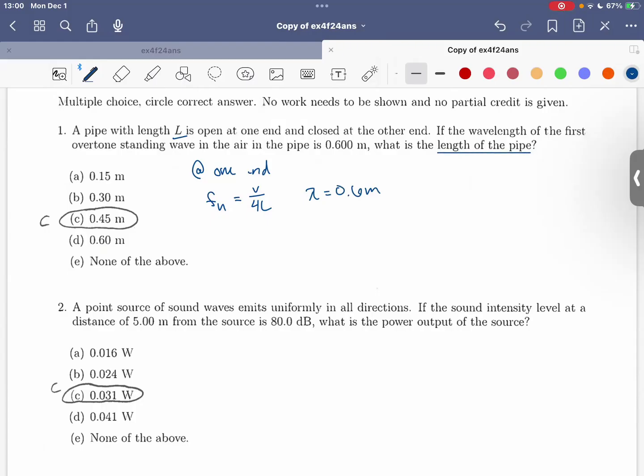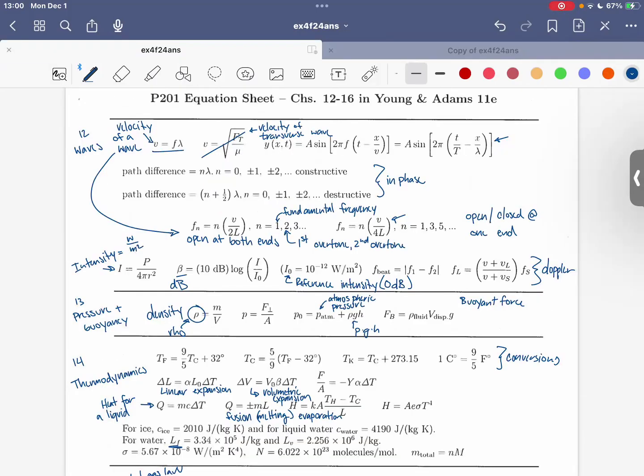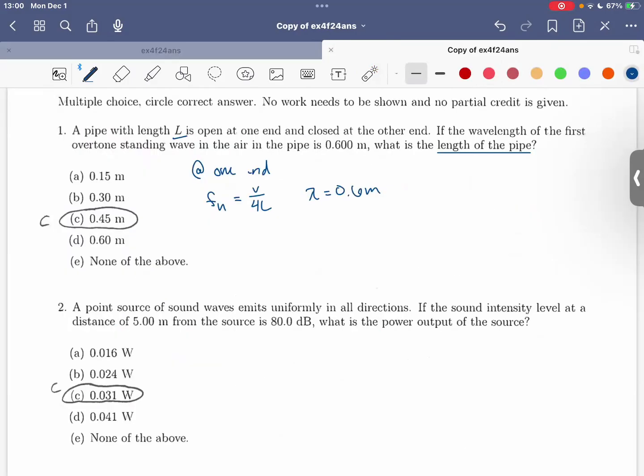So what we have to do here is convert between frequency and wavelength. We'll use this formula right here. Velocity is equal to wavelength times frequency. And so wavelength is equal to velocity over frequency. Or, frequency is equal to velocity over wavelength.